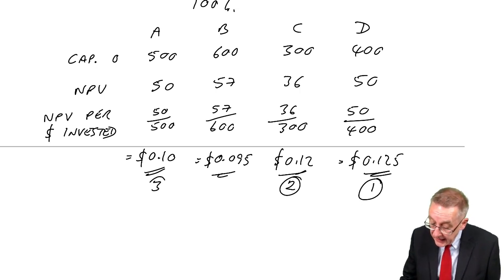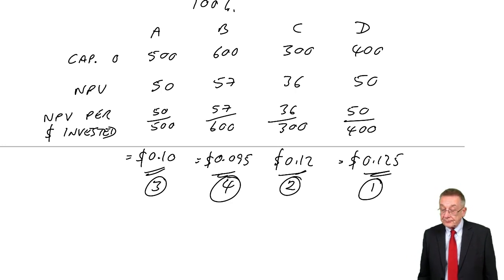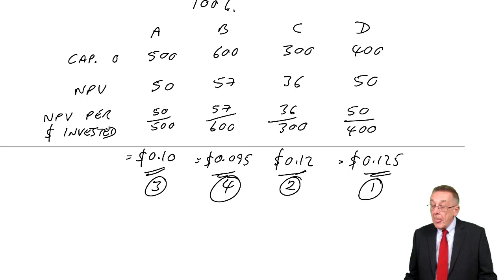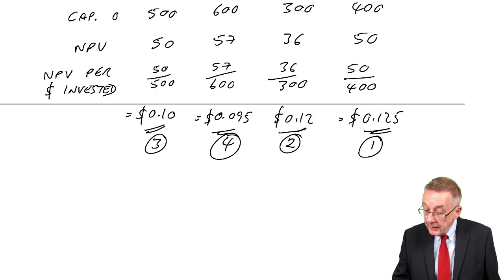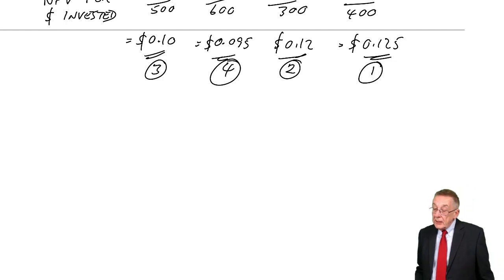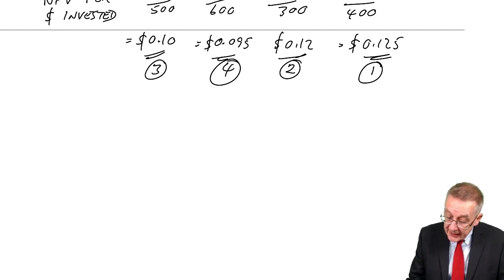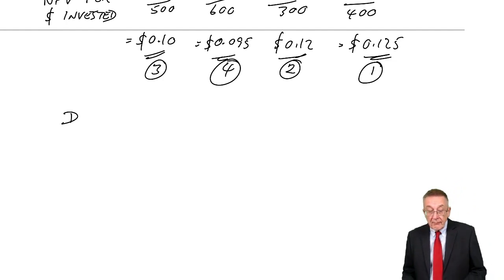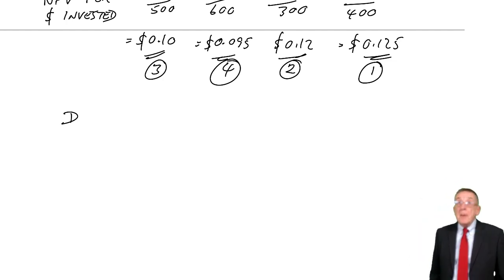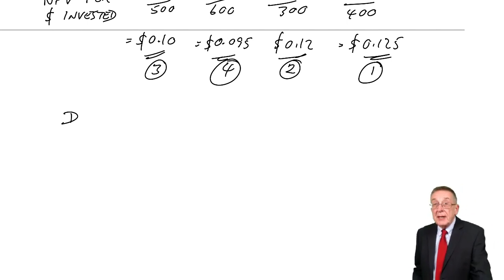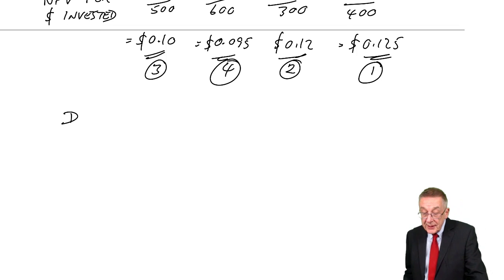Third best A at 10 cents per dollar, and fourth best would be B. Now we can go through and decide how we're going to invest. The best one is project D, so we'll invest as much as we can in D. But remember, the most we can invest is 100% of the project. So the most we can invest in D is 400.